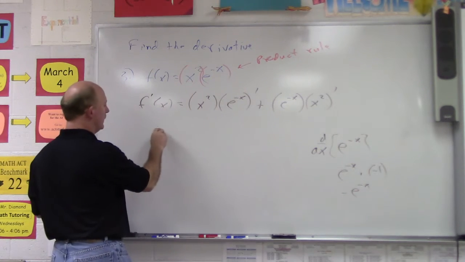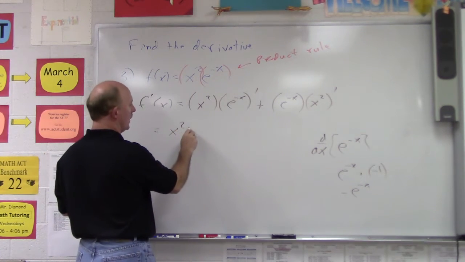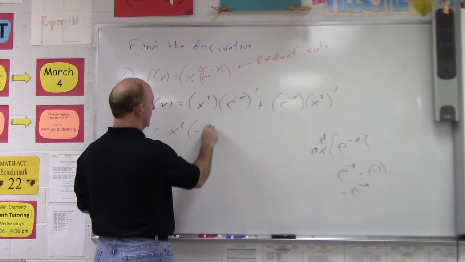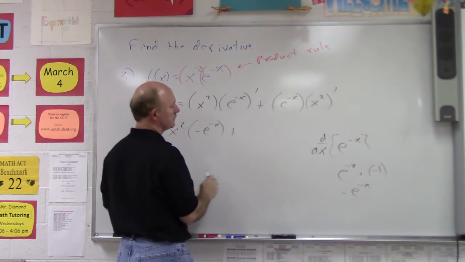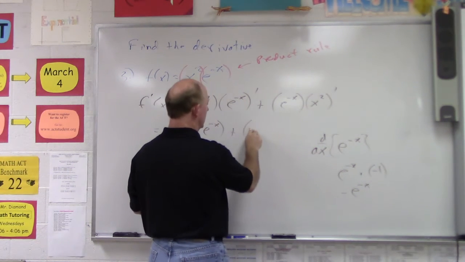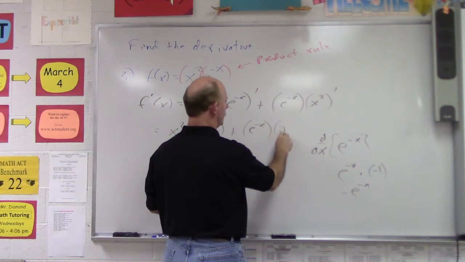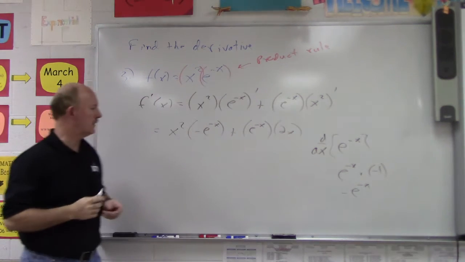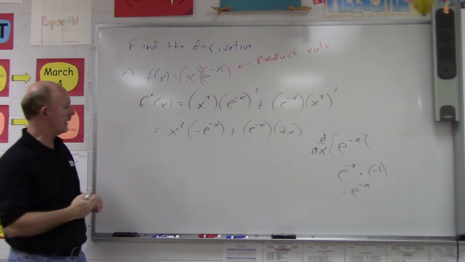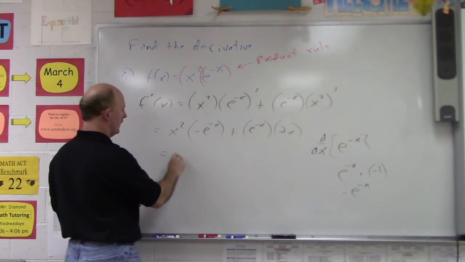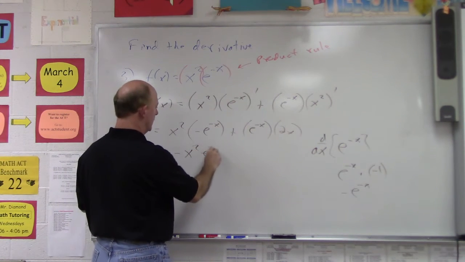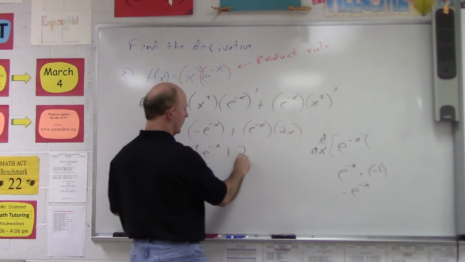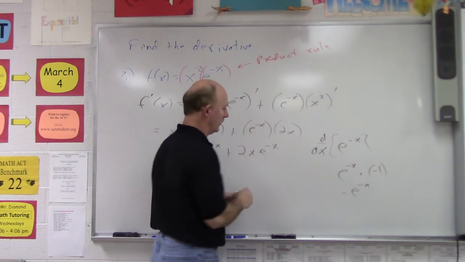So when you take this derivative, this will be x squared times negative e to the negative x plus e to the negative x times 2x. So there's your derivative right there. And maybe I'll simplify it a little bit. This will be negative x squared e to the negative x plus 2x e to the negative x. So there you go.